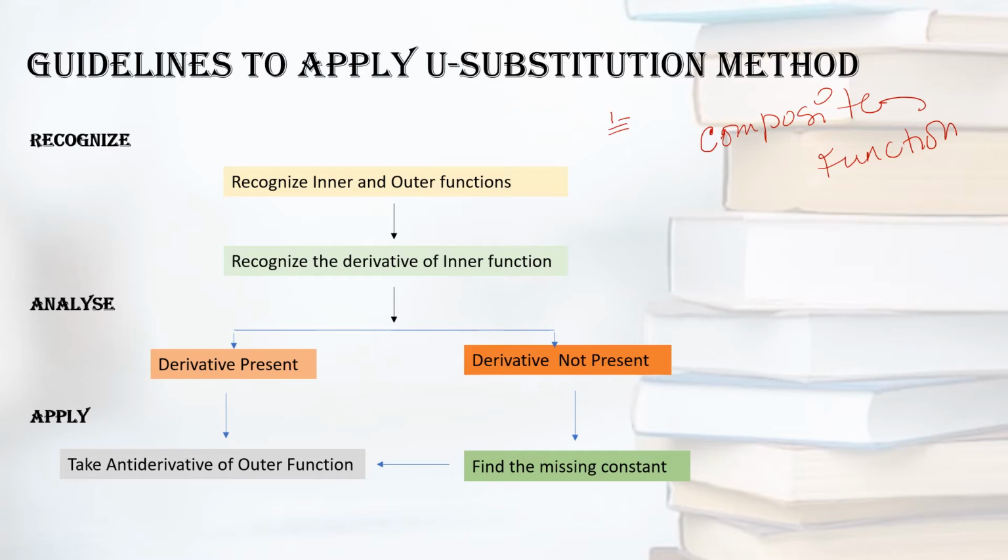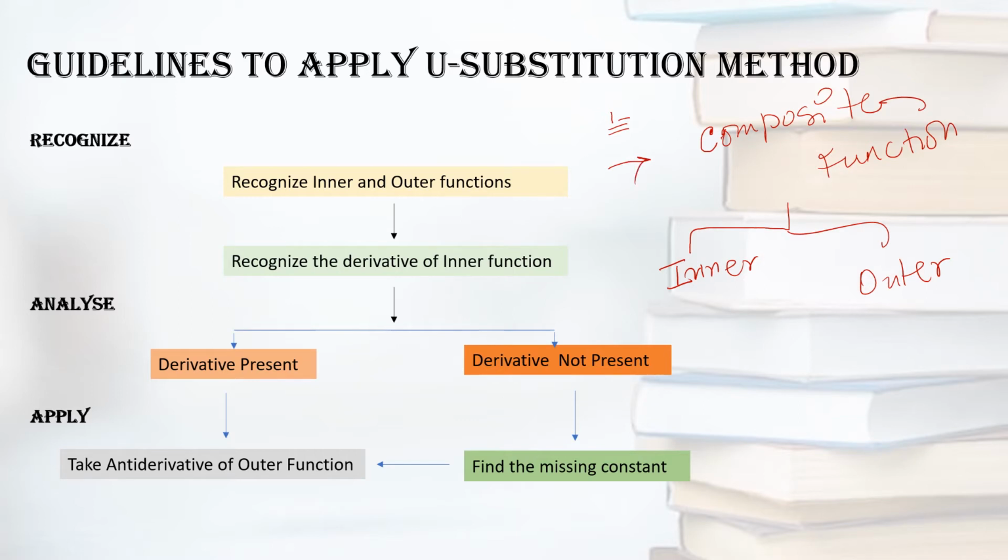Or in easy words, any composite function should have an inner function and also it must have an outer function. So in a function, if you see an inner and an outer function, then you can say that yes, you are dealing with a composite function.